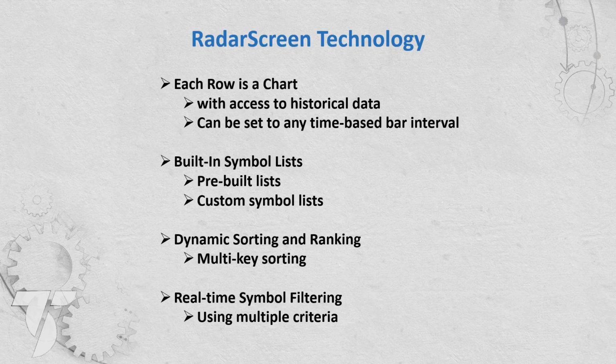We also have the ability to filter the symbols in the list based on a criteria. So instead of having all of those symbols visible at the same time, you can set a filter criteria at the top of RadarScreen and say, only show me those symbols that are doing this. And you can set up a criteria there at the top of the window on each page of RadarScreen. And that helps as well.